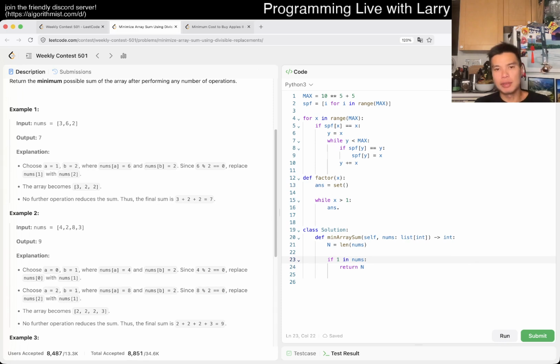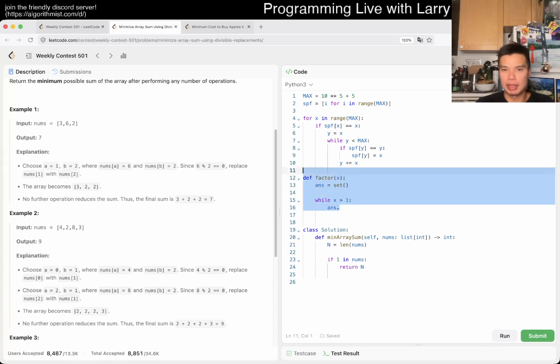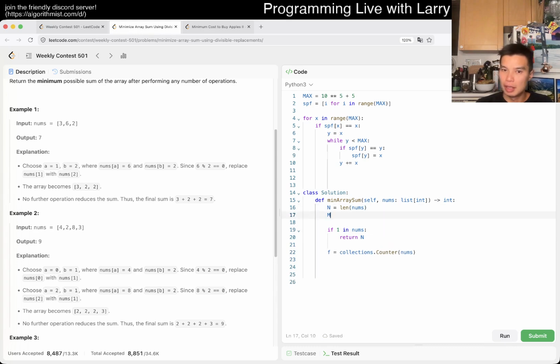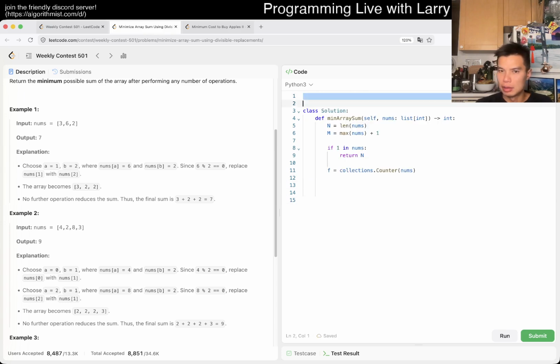Oh, I see. So you do a sieve, but not like this, right? You don't do a prime sieve. So you just do something like, now you just go, okay, well, m is equal to max of nums plus 1 or something, right?